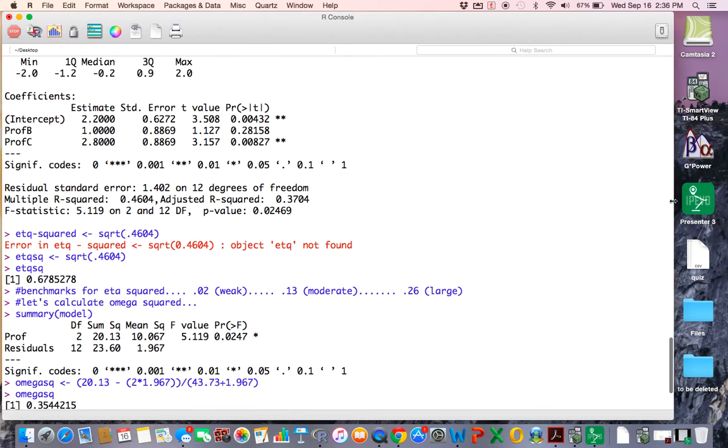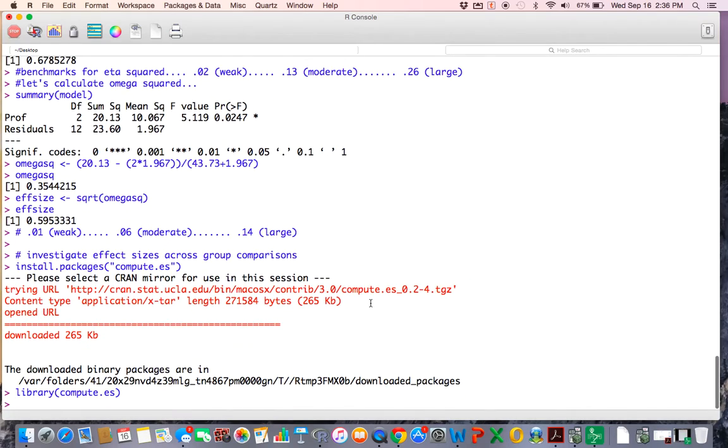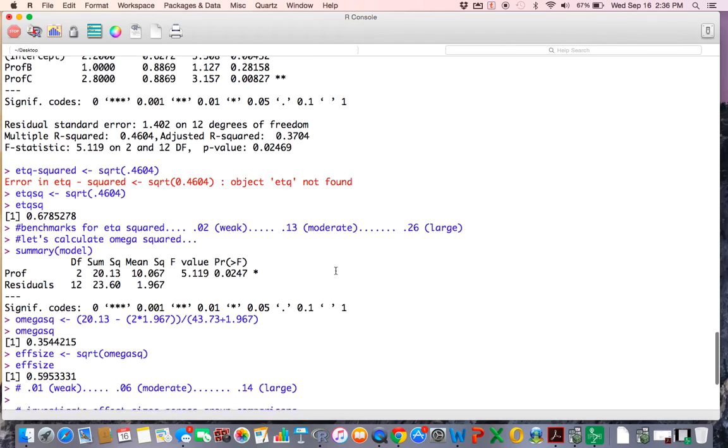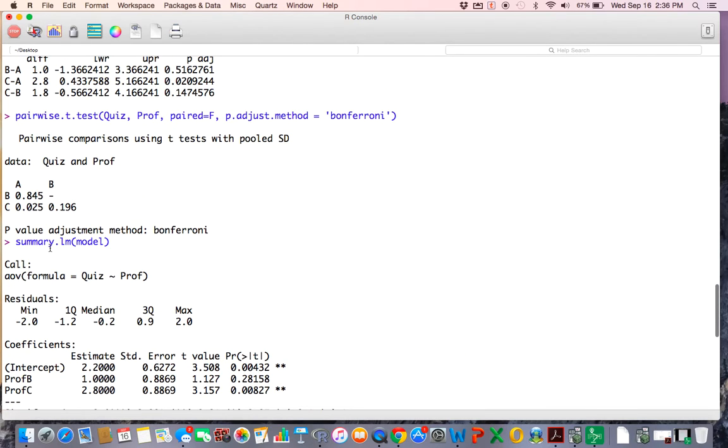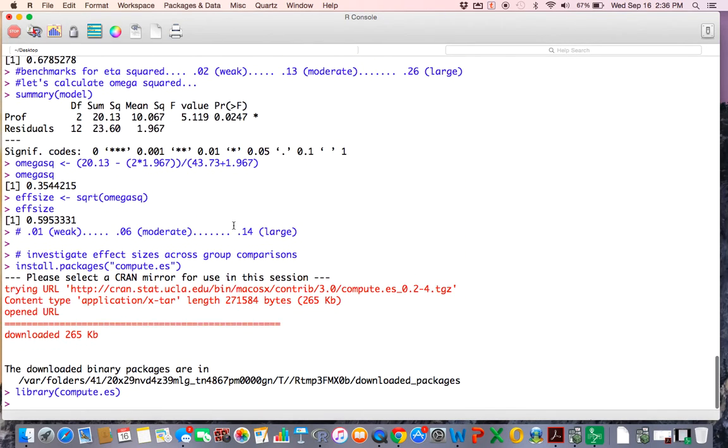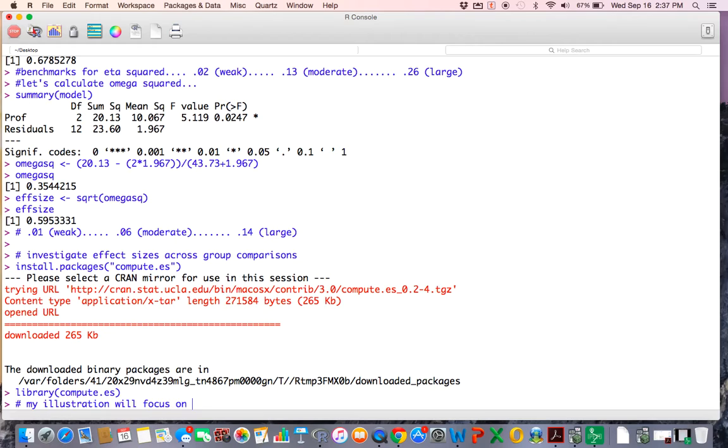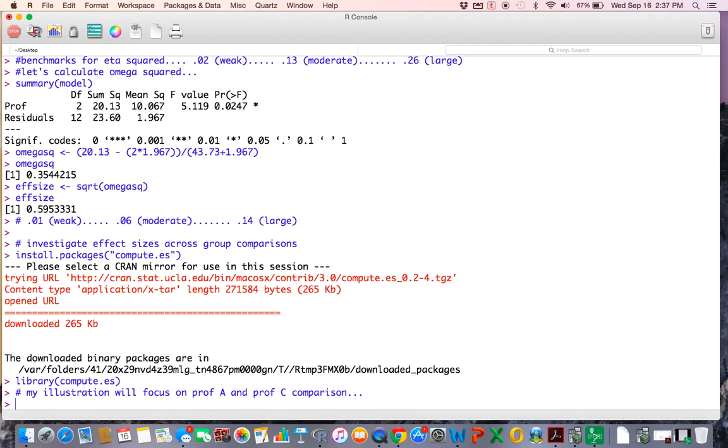So it looks to me that the cool stuff going on here is between, what did our, was it A and C? Yeah, and although I would compute all pairwise effect sizes, I want to illustrate this by focusing on A to C. So my illustration will focus on the Prof A and Prof C comparison. More specifically, we're going to get the effect size for that particular group mean difference.